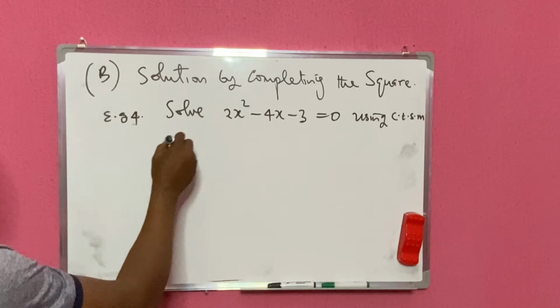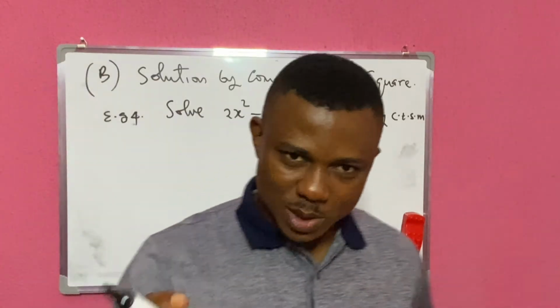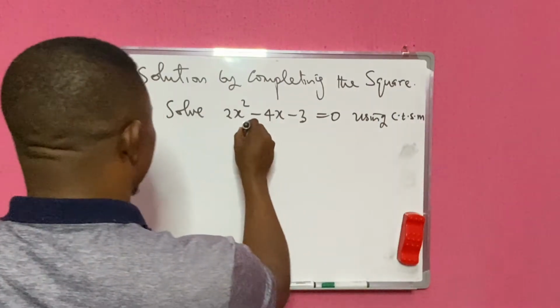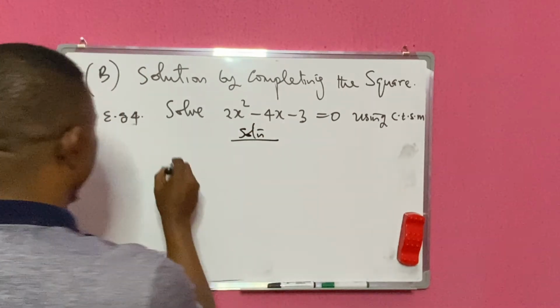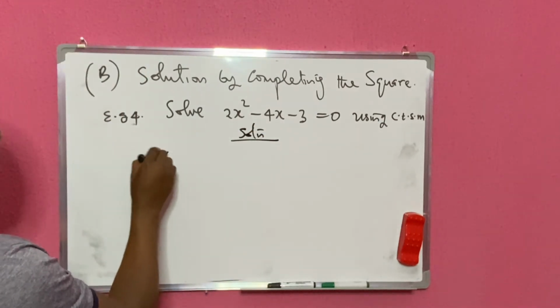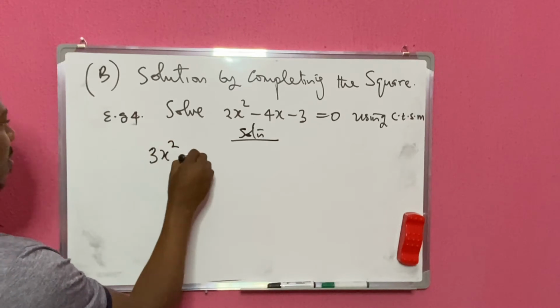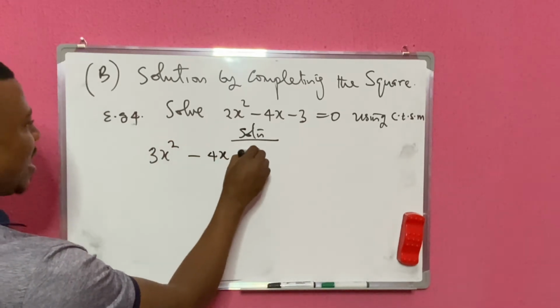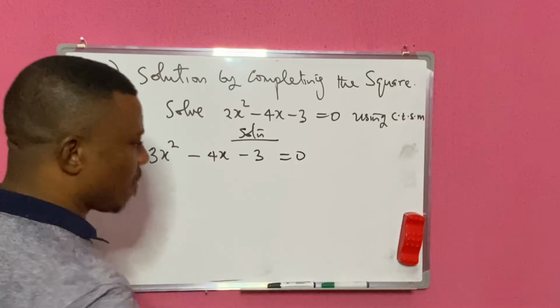Now, this is very simple. See what we do. Solution: 3x squared minus 4x minus 3 equals 0.